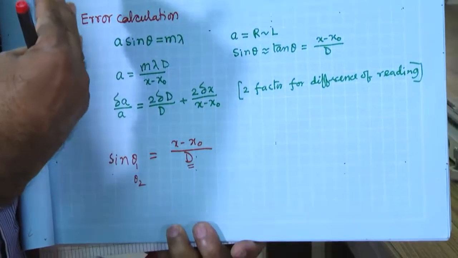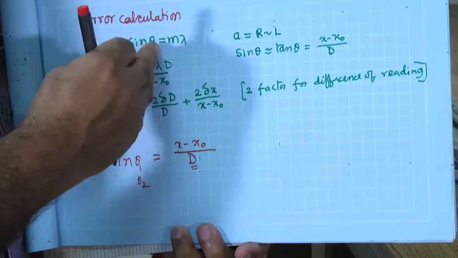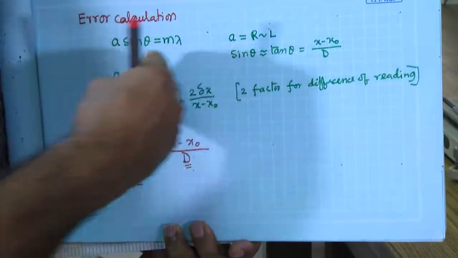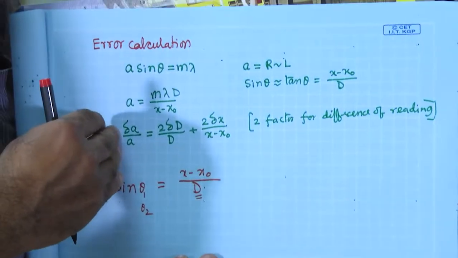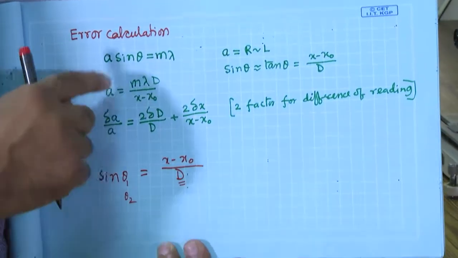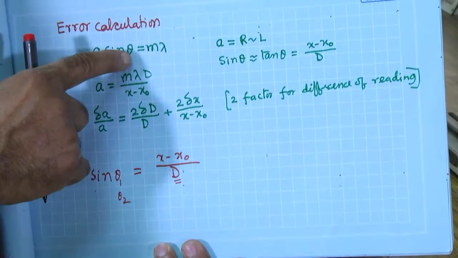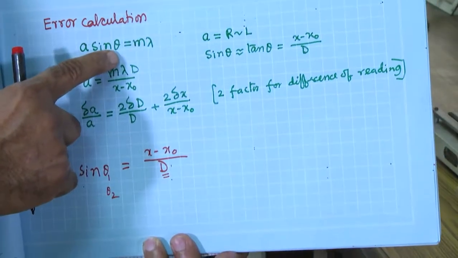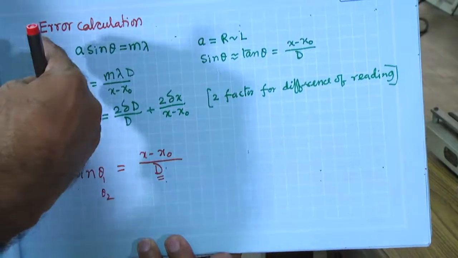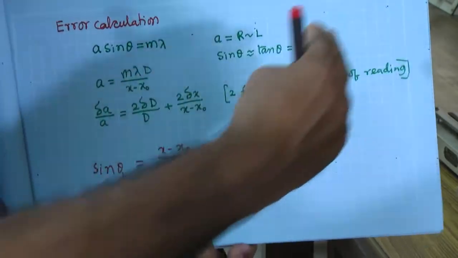That means if a increases, theta will decrease, so the first order will come towards the central maxima. If a is decreased, theta will increase for the same order. That means this first order will move away from the central one.